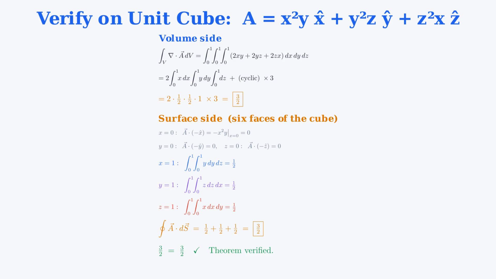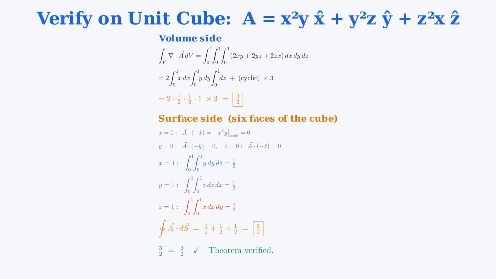On the face x equals 1, the outward normal is x hat. A dot x hat is x squared y, which is 1 squared times y, equal to y. Integrate y over y from 0 to 1 and z from 0 to 1. That is 1/2 times 1 equals 1/2. On the face y equals 1, A dot y hat is y squared z, which is z.